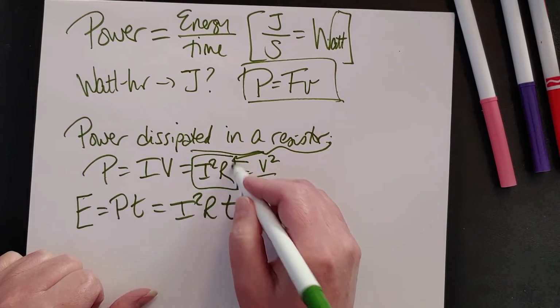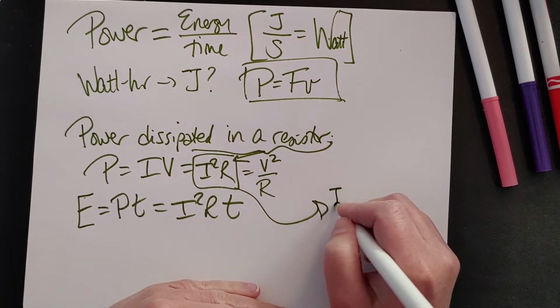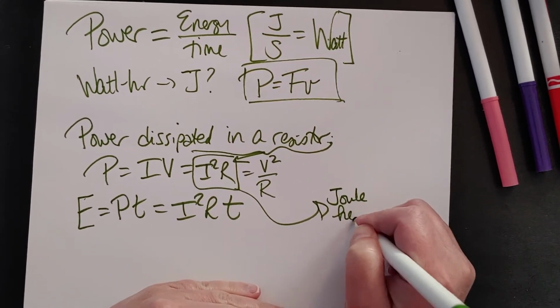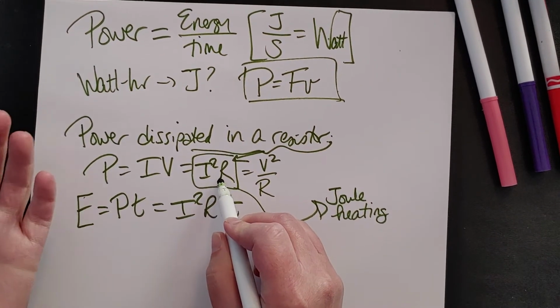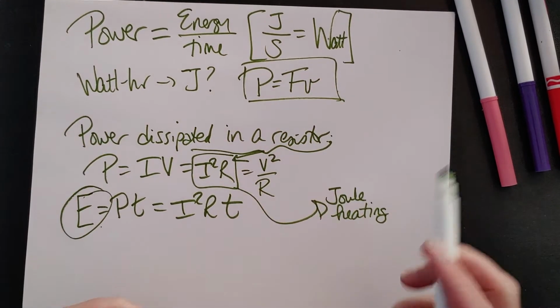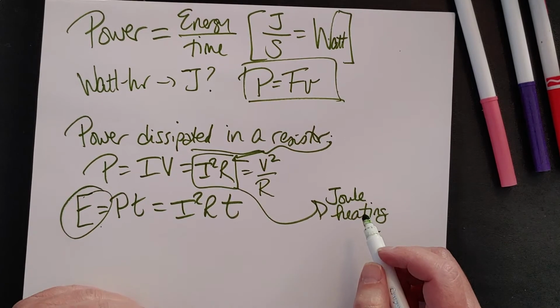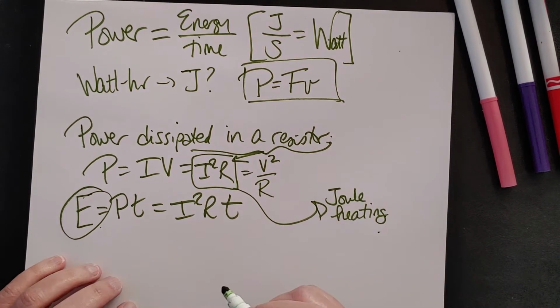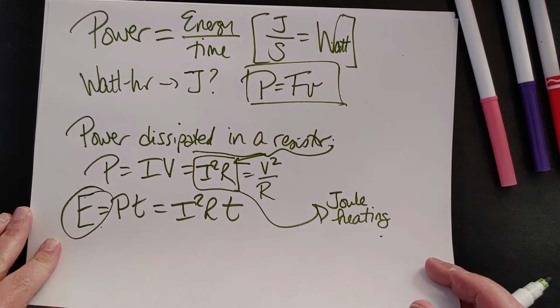I squared R, by the way, just because every now and then they like to throw random words at you, is often called Joule heating, because what happens is the current goes through the resistor and it heats up, right? That energy goes into heat. And so Joule heating is why a light bulb feels hot to the touch, right?